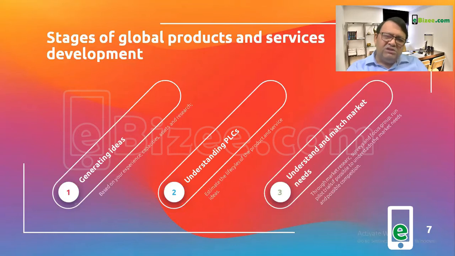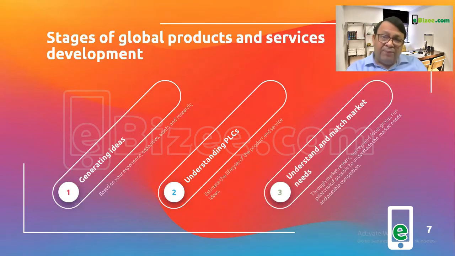So the first stage, as I already mentioned, starts with understanding of the PLC and generating ideas. PLC is product life cycle. So for ideas generation, there is no set formula. It is very much based on your experience, your past profile, your overall business experience, which you may have or may not have.